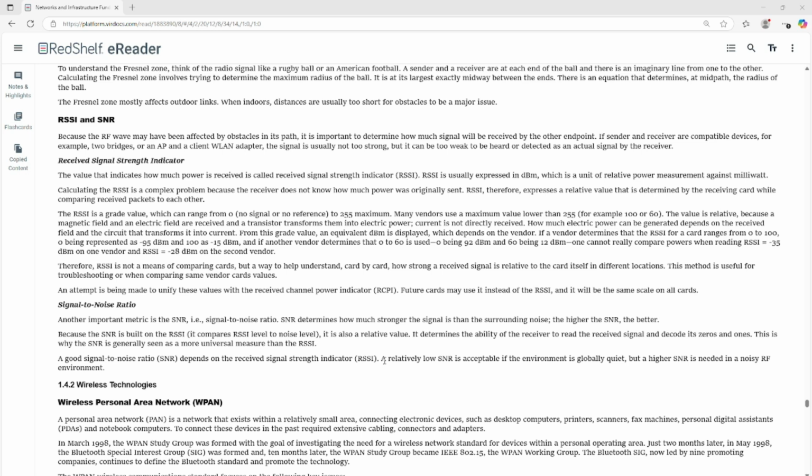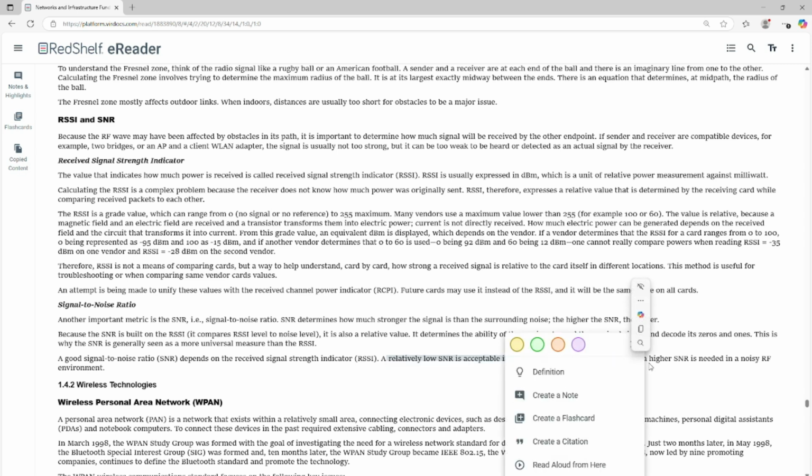However, a low signal to noise ratio is acceptable if that environment is quiet. But if the environment is noisy, then a higher signal to noise ratio is needed in order for that signal to go through.